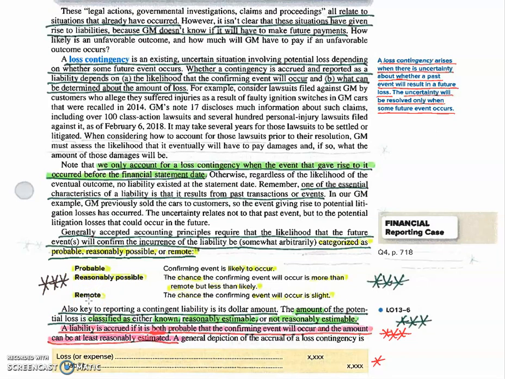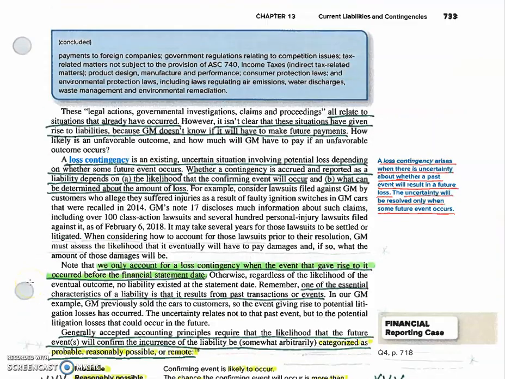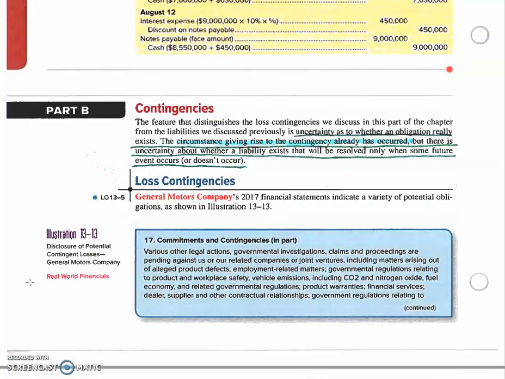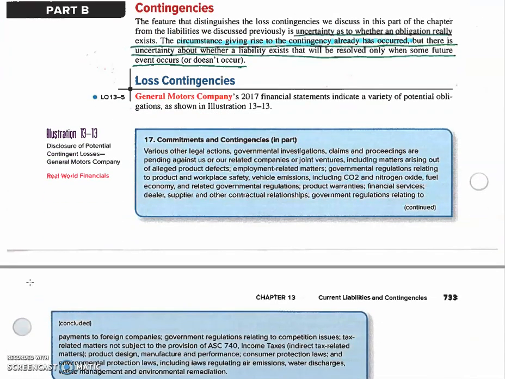Now, I'll come down here and talk about these in a minute, but those are the three categories of risk associated with the future cash flows. So, what are examples of contingencies?